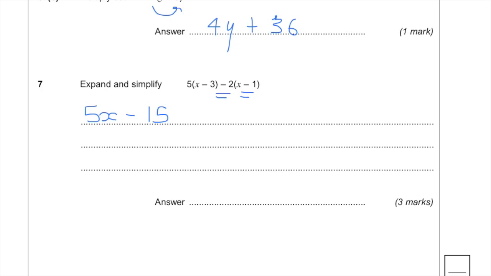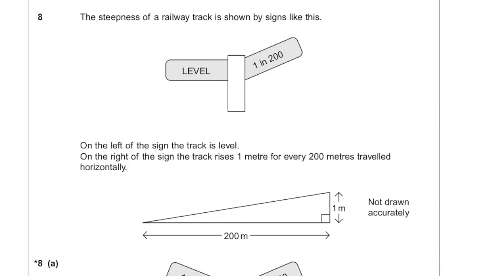Then dealing with the second bracket, we've got negative 2 multiplied by x, which is negative 2x, and then negative 2 multiplied by negative 1, which is a plus 2. Then, when we collect like terms, we've got 5x take away 2x, which gives us 3x, and we've got negative 15 plus 2, which gives us negative 13. So the final answer.